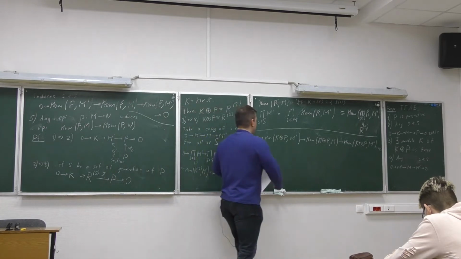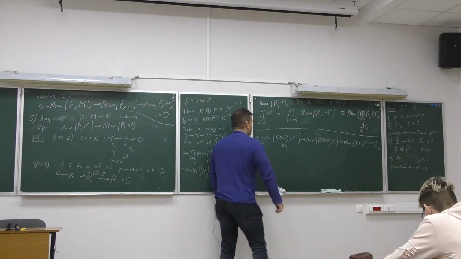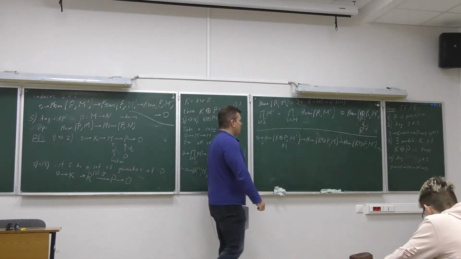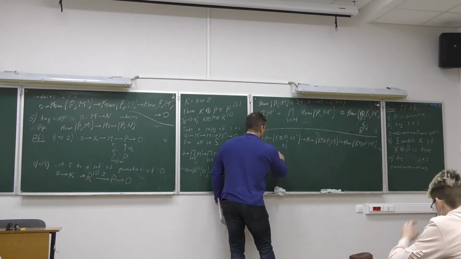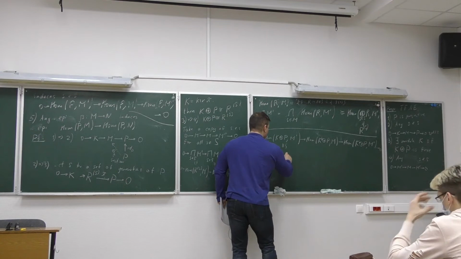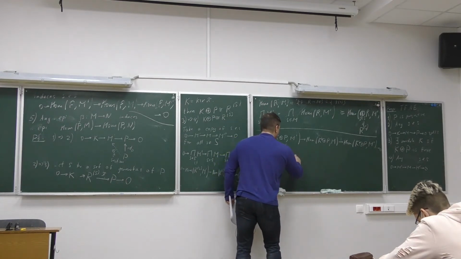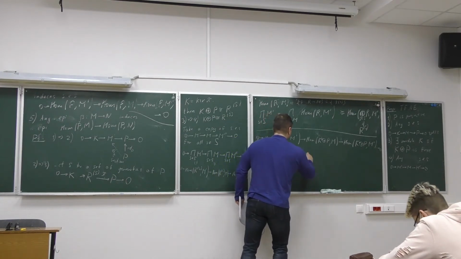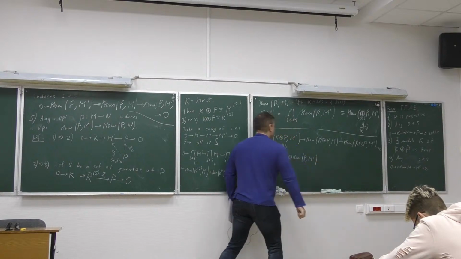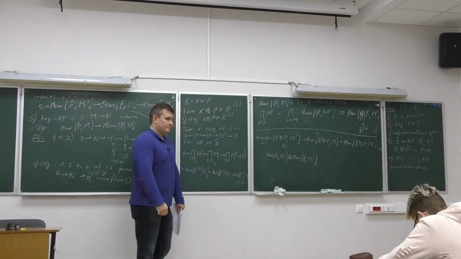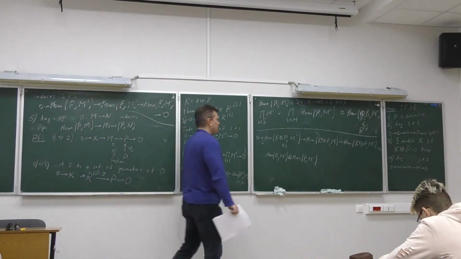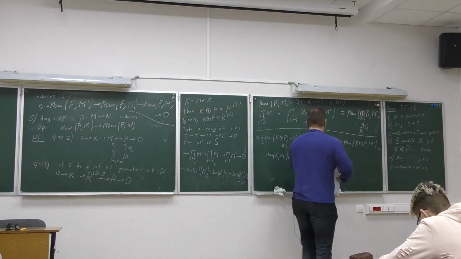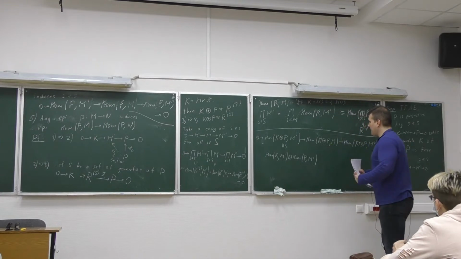But again, by the universal property for the direct sums, this is the same thing as Hom(K, M prime) plus Hom(P, M prime). And you do this isomorphism for all three modules.